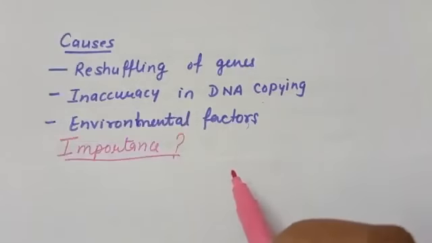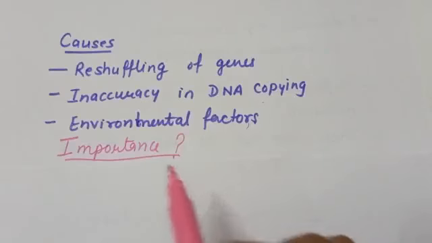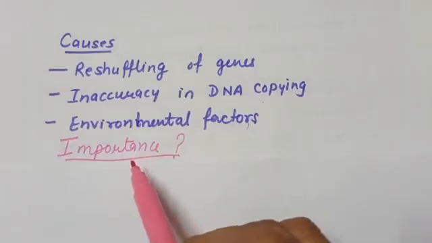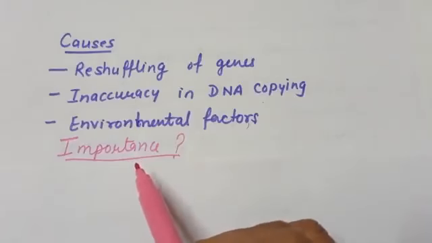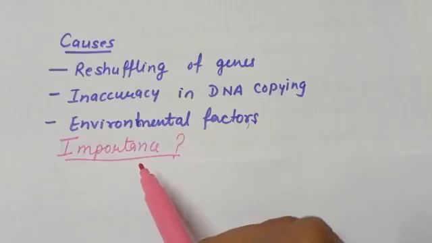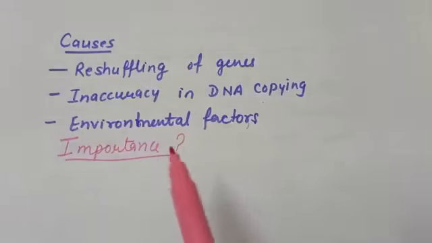Although we have discussed this, here we can talk about the importance of variation, how variations are important for individuals. We know that variations are the changes occurring in the DNA of an individual which is formed. So depending upon the nature of variations, different individuals will have different kinds of advantages.